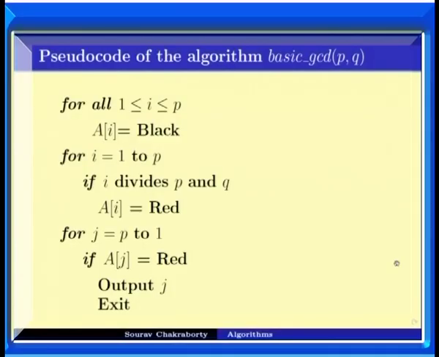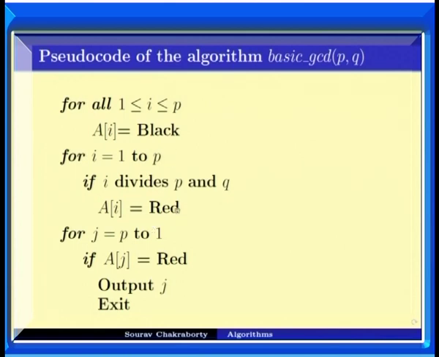This is a nice exhaustive search, and we did the pseudocode for this algorithm last class: we have this array A which has p places. Initially all of them are black, and if a particular i divides both p and q, we mark it red.